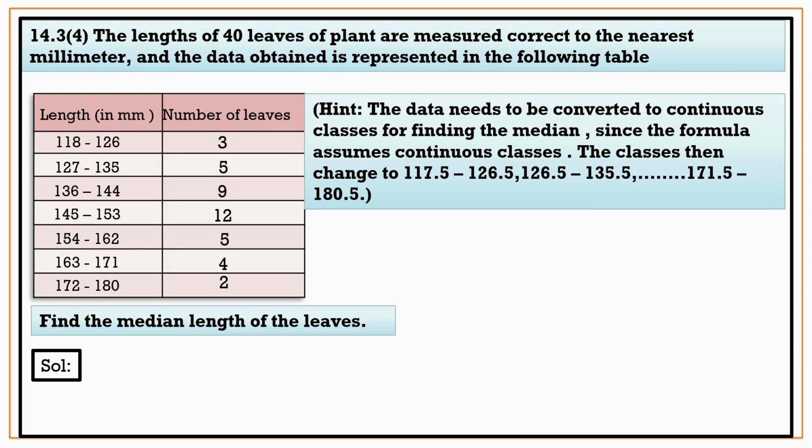So 118 minus 0.5 is 117.5, and 126 plus 0.5 is 126.5. Now the next class interval: 127 minus 0.5 is 126.5, and 135 plus 0.5 is 135.5. Now each class interval is continuous, because we have 117.5 to 126.5, then 126.5 to 135.5.